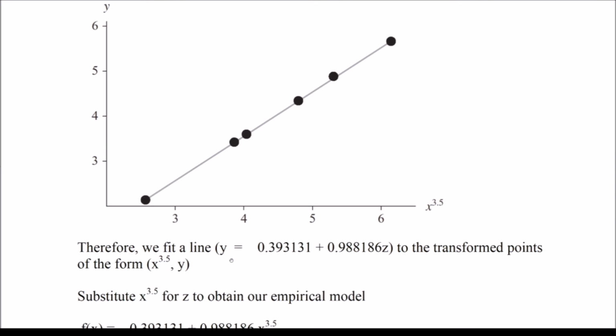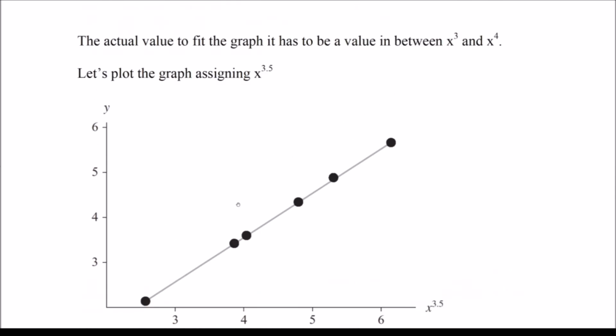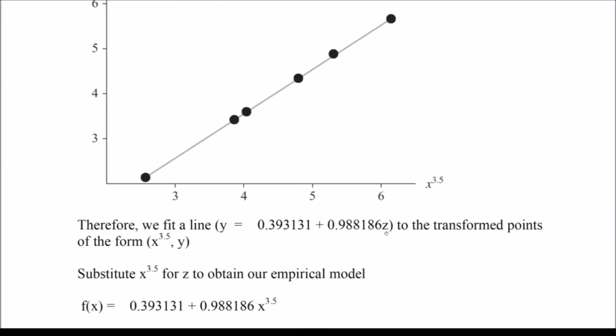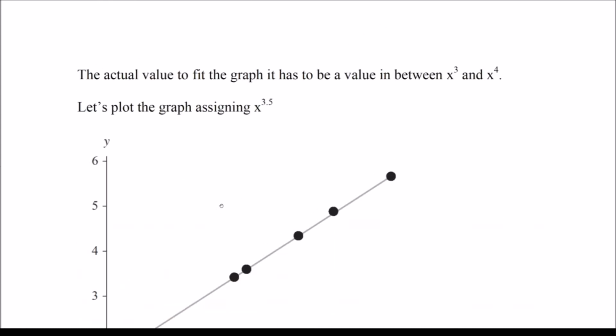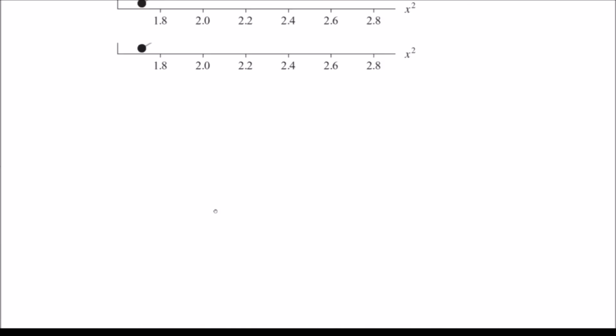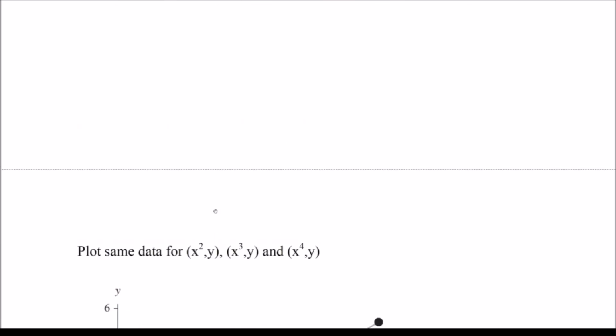It says y equals, you take these values and then you get the power, you transform those points to the equation like this. So you get x to the power 3.5 and y. How do I get these values? Well, this is what I'm applying for my x and y onto this equation to find m and b.